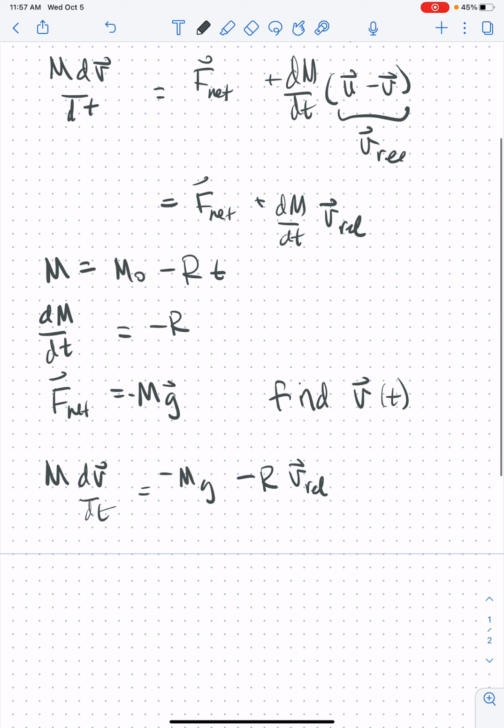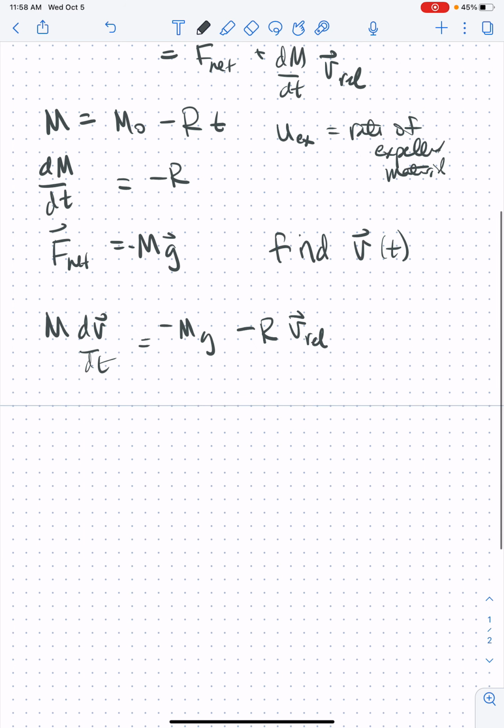And we said that also the u x is the rate of expelled material. So that is our v rel, right?